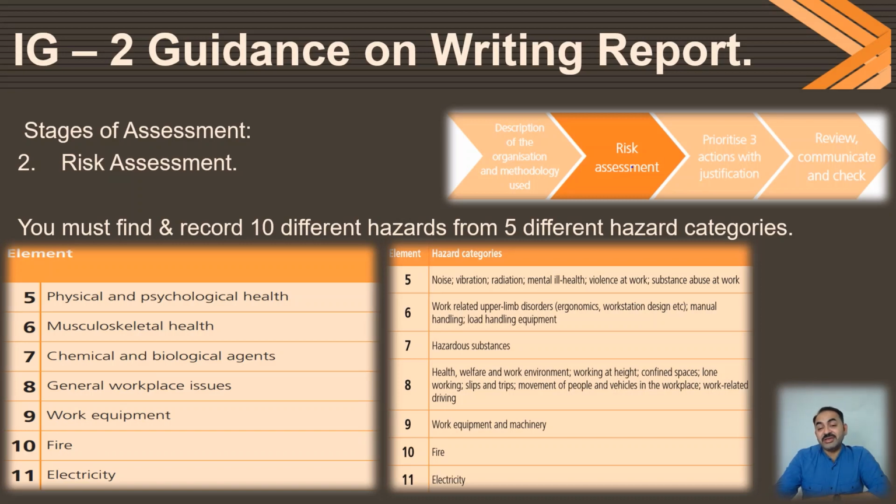And to give you a more detailed idea, if you look at the second screenshot here, there are subcategories of hazards. For example, under physical and psychological health, there are noise, vibration, radiation, mental ill health, violence at work, and substance abuse. So you need to select 10 hazards from all of these different categories to show the examiner that yes, there is a variety of hazards, not only one kind of hazard you have identified. And this is how you have to define 10 different hazards in your report.